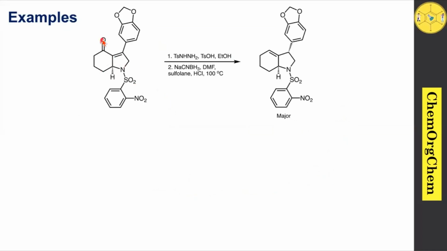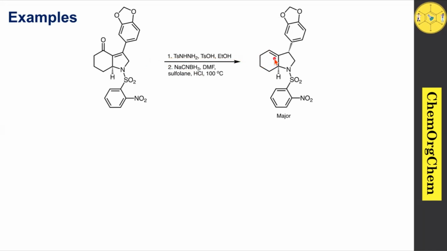You can see that this one is an alpha beta unsaturated ketone, which initially reacts with para toluene sulfonyl hydrazide in the presence of para toluene sulfonic acid in ethanol, which gives the corresponding tosyl hydrazone. That tosyl hydrazone is treated with Hutchins modified reaction conditions, so it is readily reduced, producing the corresponding product with alkene migration.